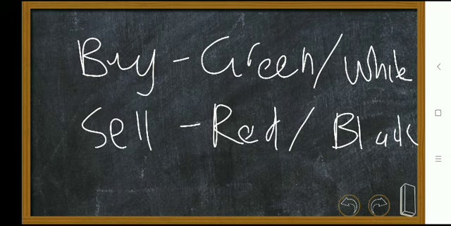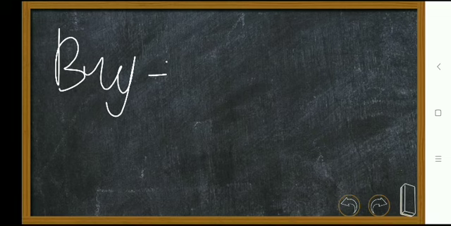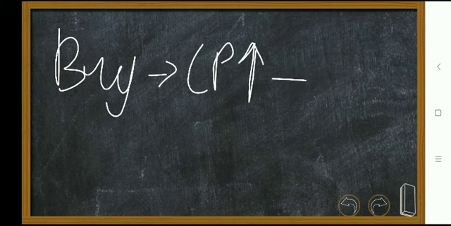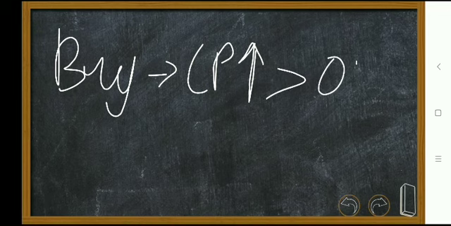You can choose purple, orange, any color which will make you understand that this was a buy, this was a sell. What's important is to know that for a buy candle, for that specific time frame, the closing price has to be higher, has to be greater than the opening price.